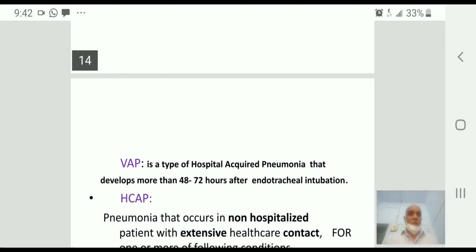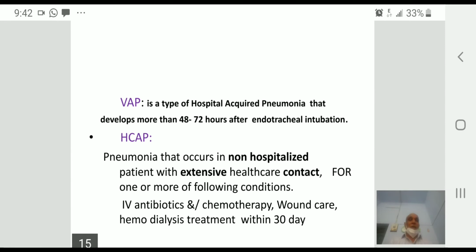Ventilator-associated pneumonia is a type of hospital-acquired pneumonia that develops 48 to 72 hours after endotracheal intubation. Healthcare associated pneumonia occurs in a non-hospitalized patient with extensive healthcare contact, for IV medication, chemotherapy, wound care and hemodialysis within 30 days of development of the pneumonia.